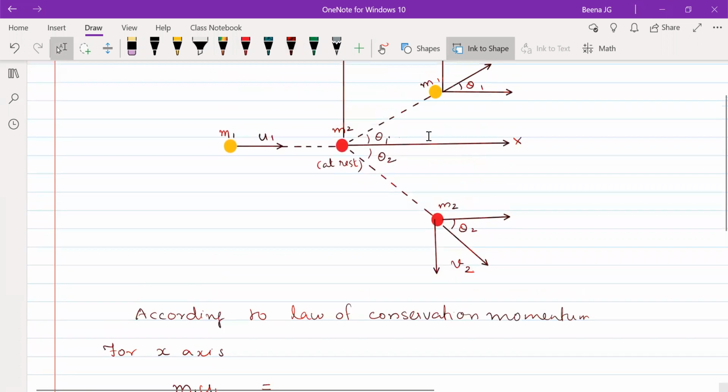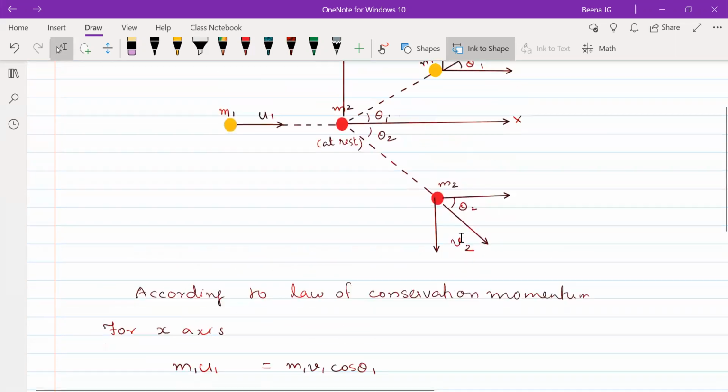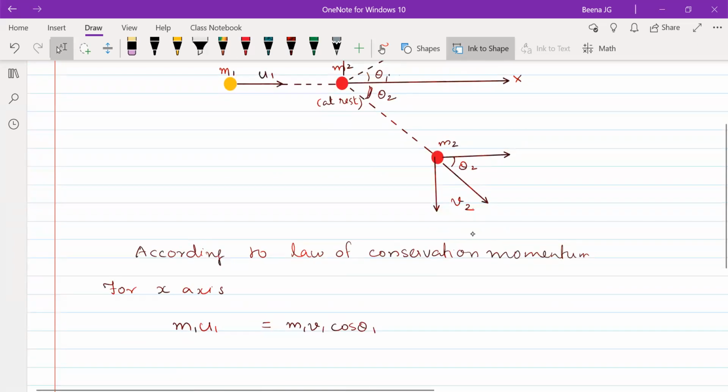Now the velocity of m1 is making an angle θ1 with the x-axis, so the x component you can write as m1 v1 cos θ1. This is for m1. Now m2 is making an angle θ2 with the x-axis, so the x component will be m2 v2 cos θ2.